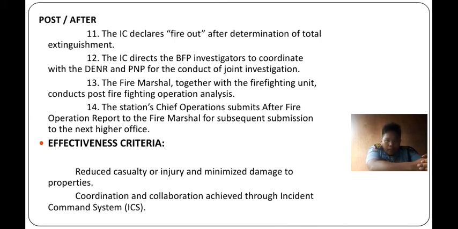The fire marshal, together with the firefighting unit, conducts post-firefighting operation analysis. 14. The station chief of operations submits the after fire operation report to the fire marshal for subsequent submission to the next higher office. Effectiveness criteria: reduce casualty or injury and minimize damage to properties. Coordination and collaboration achieved through the incident command system.